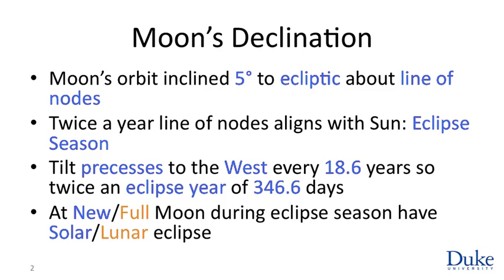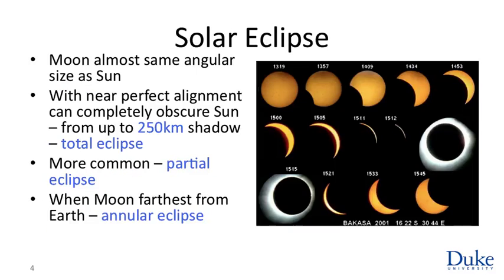Now, we need to get a handle on the relative sizes and distances of things to understand the difference of the 2 phenomena. So, the moon and the sun are almost precisely the same size in angular terms in the sky. If you think about it, the sun is much larger than the moon. From our small angle approximation, we know that it is much farther.